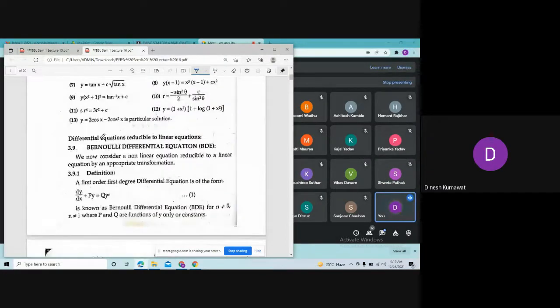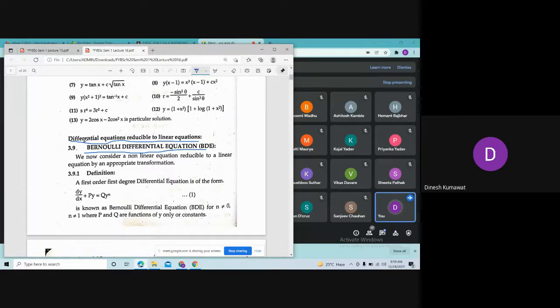Okay, so the next topic is Bernoulli's differential equation. Differential equations reducible to linear equations. So this comes under the topic differential equations reducible to linear equations, which means a differential equation is given to us in Bernoulli's form.